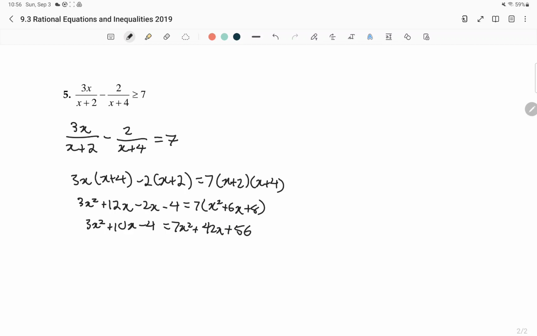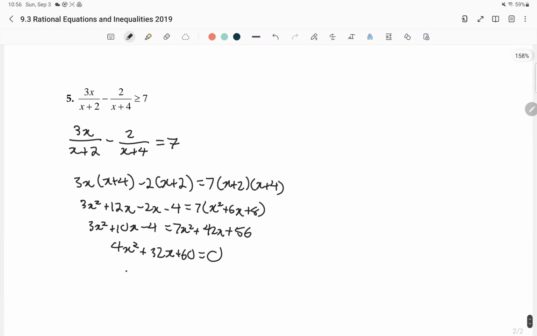Alright, so if we send these all over to one side, we're going to get 4x squared plus 32x plus 60 equals 0.